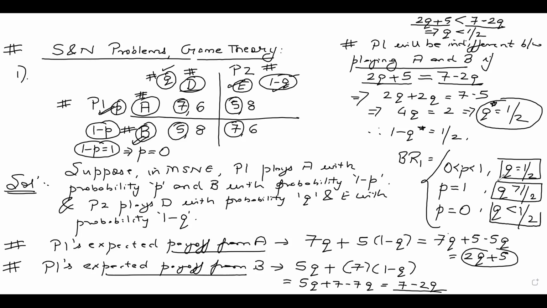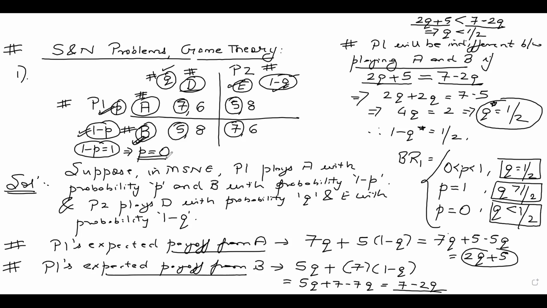If Q is less than half, it means for player one, expected payoff from A is less than expected payoff from B. So player one is going to play B for sure and not A. When player one is not playing A for sure, it means P is equal to 0. Player one is only going to play B. Another way of saying it, if player one is going to play B for sure, 1 minus P is equal to 1, which implies P is equal to 0.